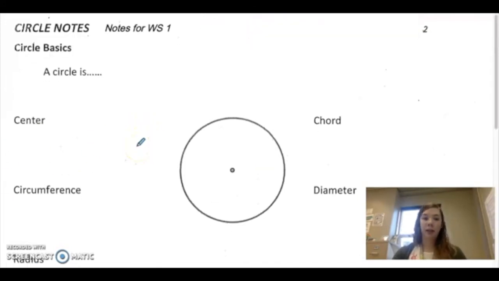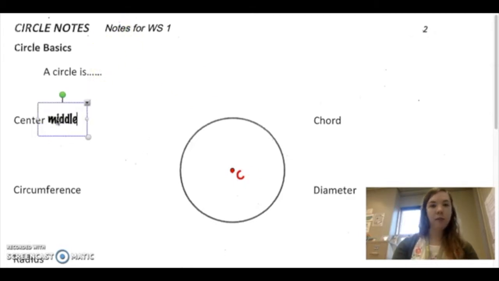So again, circle basics. We have to start with these definitions. So a circle is, and then we're just going to define parts of a circle. So the center is the exact middle. So right here, if I label this, this would be the center. So we're going to say it's the middle of a circle.